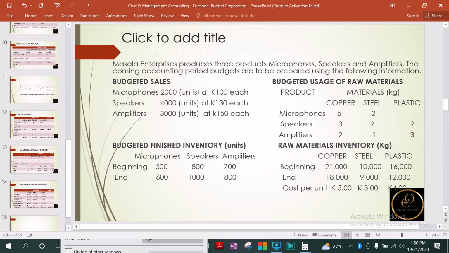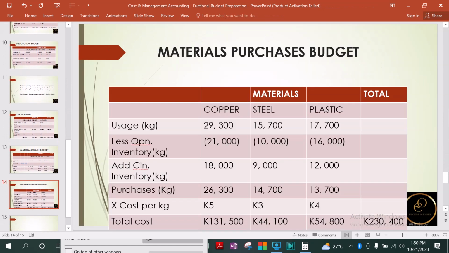So 15,700 minus 10,000 plus 9,000, we are going to have 14,700 kgs.